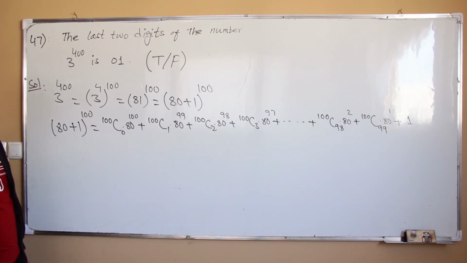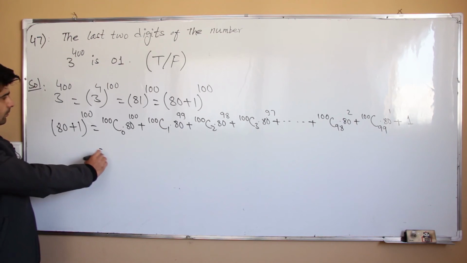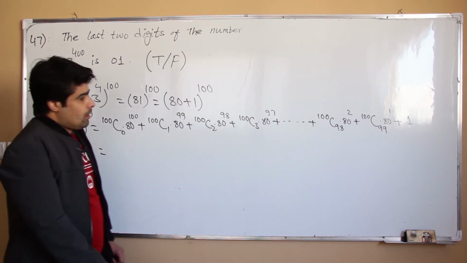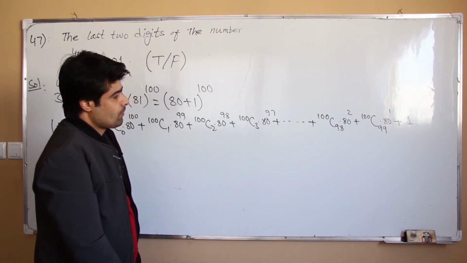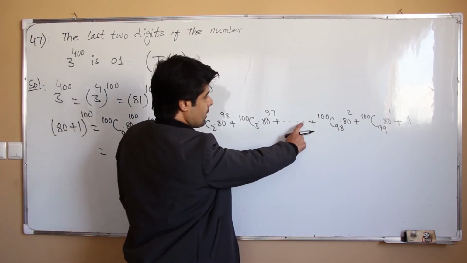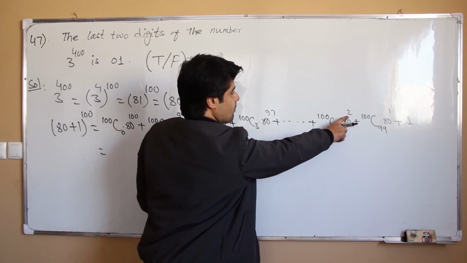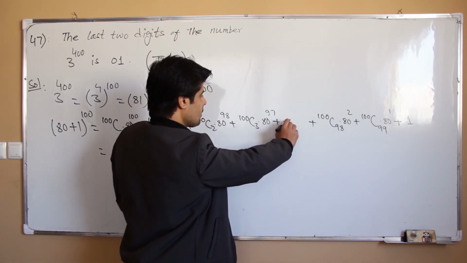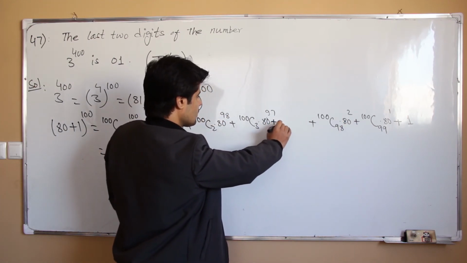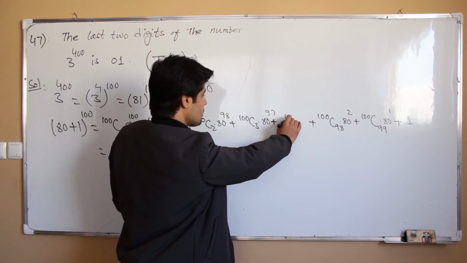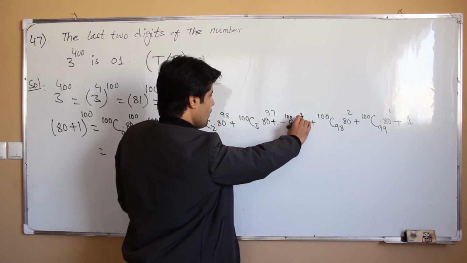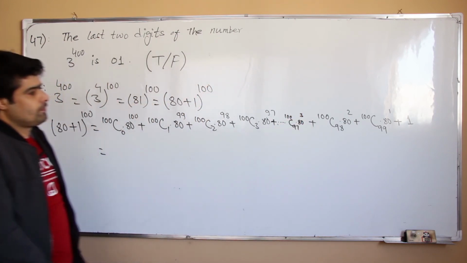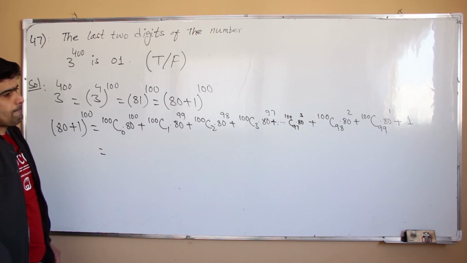Yes, completely. Now what do you think? In here we have, from 80 to the power 2, plus dot dot dot, 100 C 97, 80 to the power 3, like this one. Am I right? Yes.